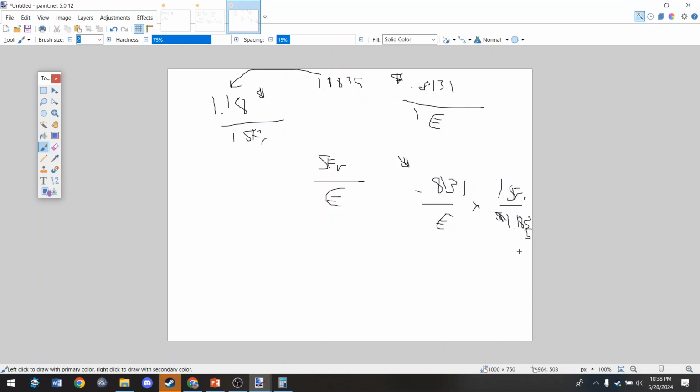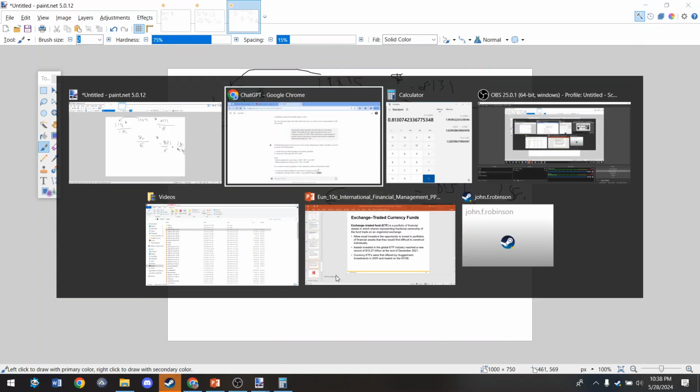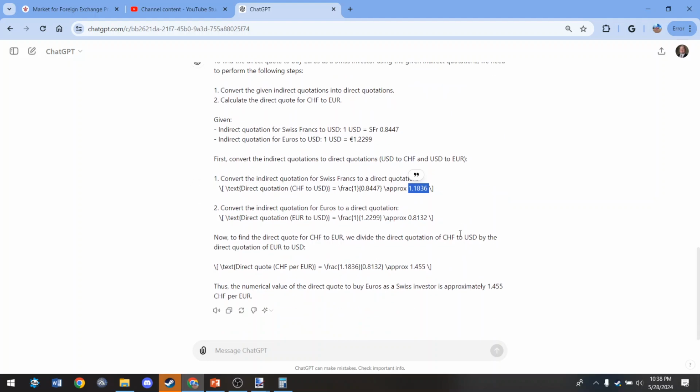And so we should have 0.8131 divided by 1.1835. And is that what ChatGPT did? It said to take 1.1836 and divide by 0.8132.